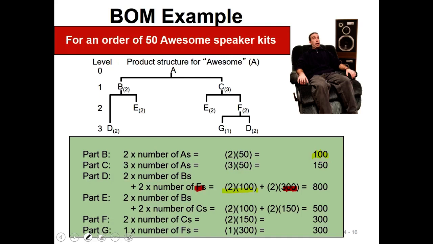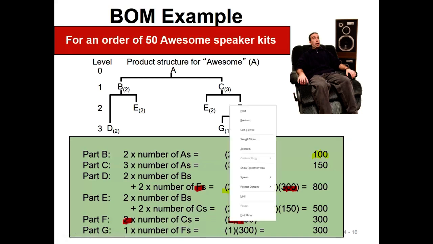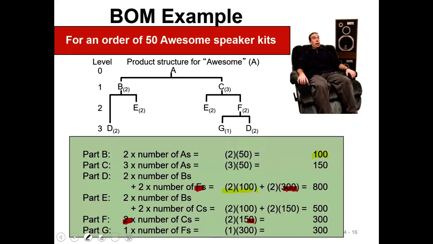Why is F 300? Because to make 1 C, you need 2 F. So here it is 2 times 150. You need 150 C. Now this one is 300. Actually, this 300 is connecting with this 300. So it is dependent.